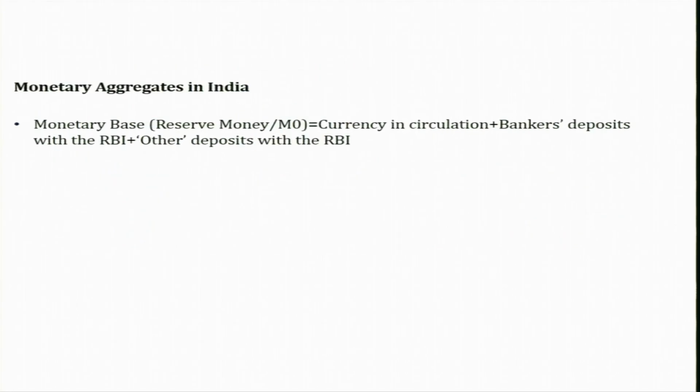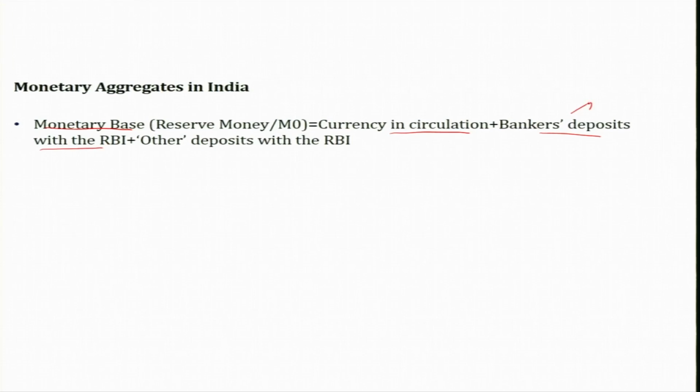Before moving further, since we are talking about monetary policy, let us have a clear idea of the monetary aggregates measures in India. Coming to the first part, the monetary base MB consists of currency in circulation plus bankers' deposits with the RBI.